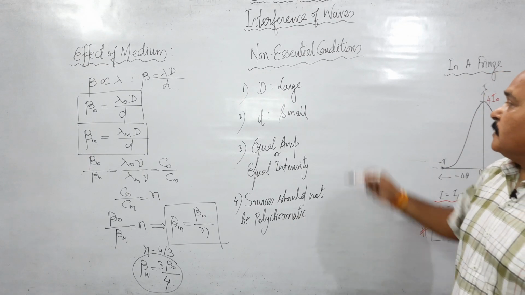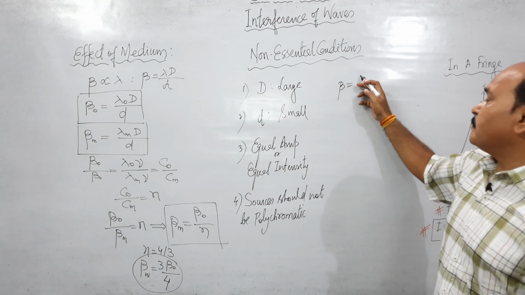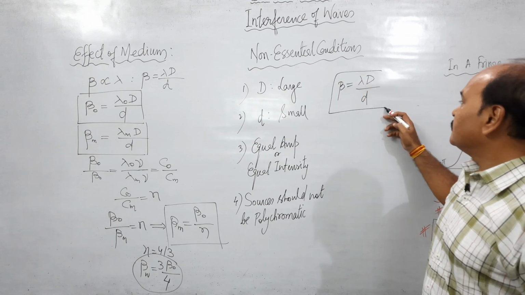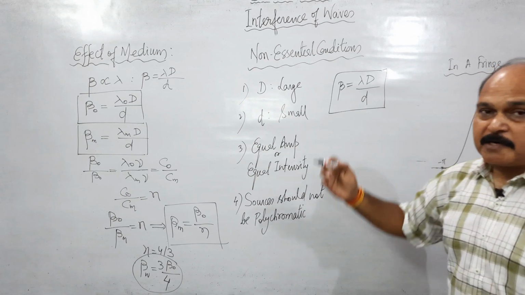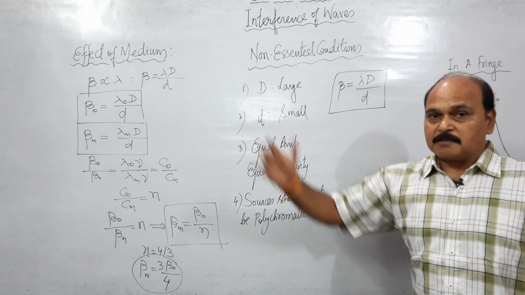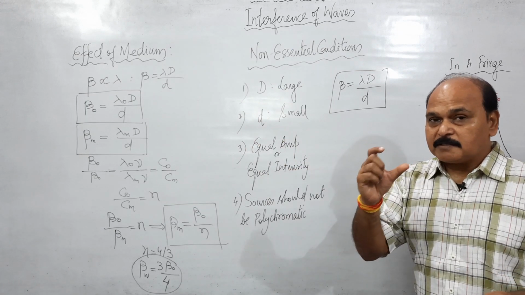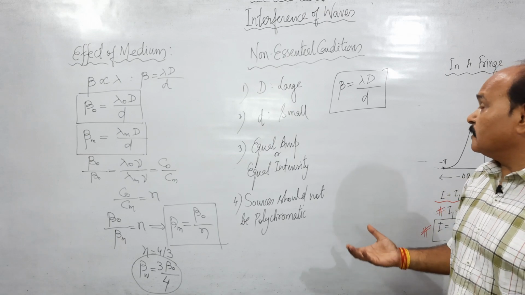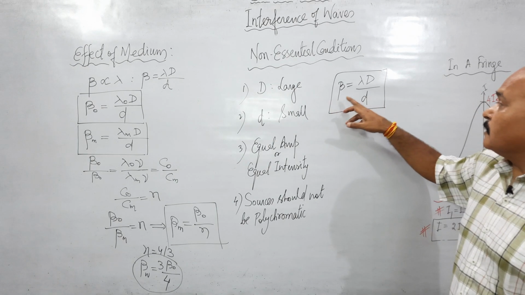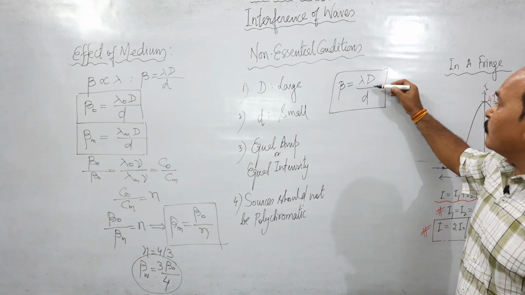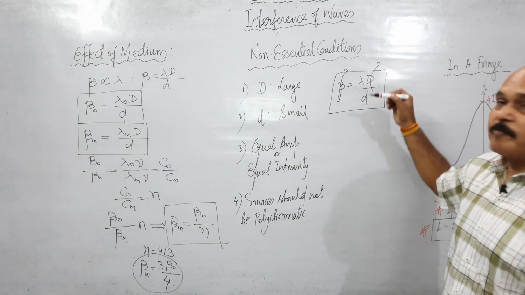We know fringe width is lambda capital D by small d. Any band pattern or fringe pattern is going to be clearly visible if bands are wider, if the width of the band is large enough to be seen by human eyes. Beta is going to be greater only when capital D is more.